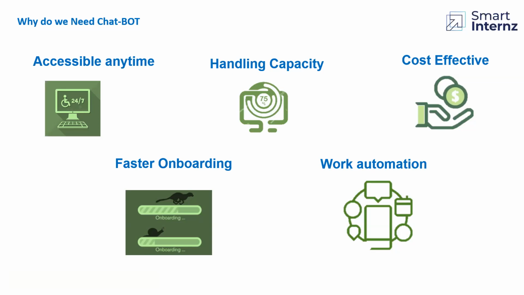It means that if you ask the same question multiple times, they will find the solution based on the experience and provide you the answer. So these are the capabilities of a chatbot, and that is why a chatbot is required for any organization dealing with customers.